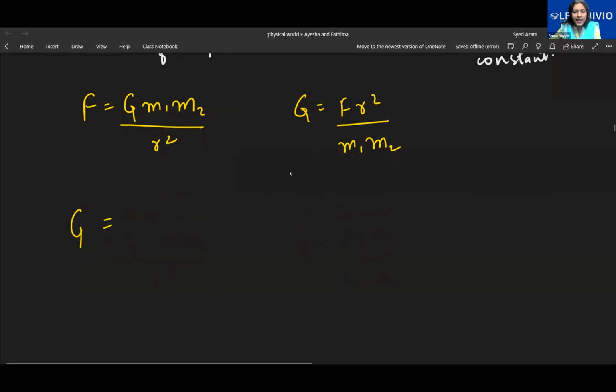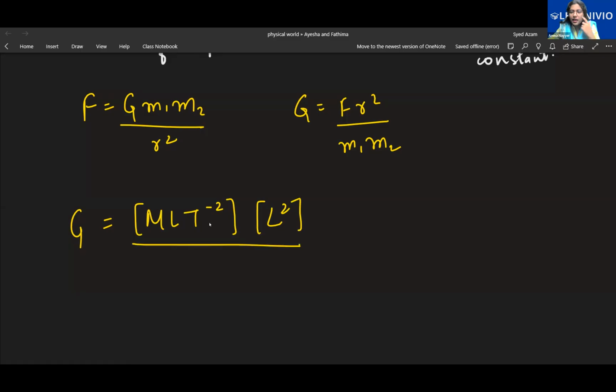Force we have written. That's why I'm saying all these things are from the fundamentals. The question is very easy. F is MLT to the power minus 2. Radius, length is L, so radius square will become L square. For the first mass, we have the dimensional formula M, and M2 is also a mass, so it will be M. So look, how can we solve this?